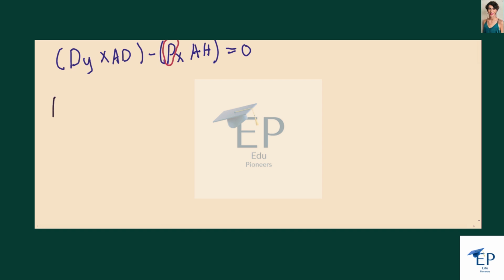So first we're going to find the length BG, and that's going to be equal to 200 times the sine of 60, which will be equal to 173.2 millimeters.